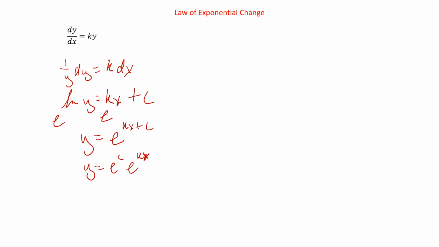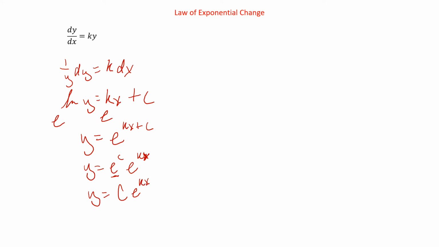Well, e to a constant is just another number. It's a constant. So this whole e to the c could just become c.